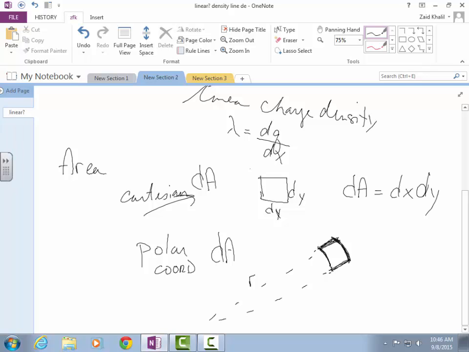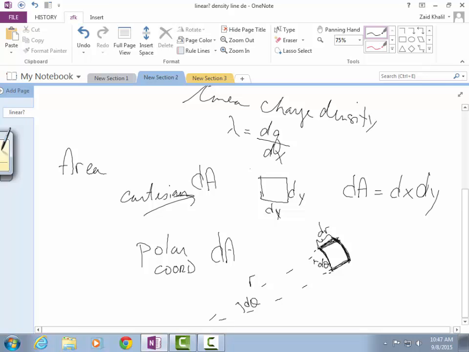What is that? Very good. This is dr. This is the increment in the radial direction. What is this? Be careful. Very good. In other words, this angle is d theta, and this length is the arc length, which is r d theta.